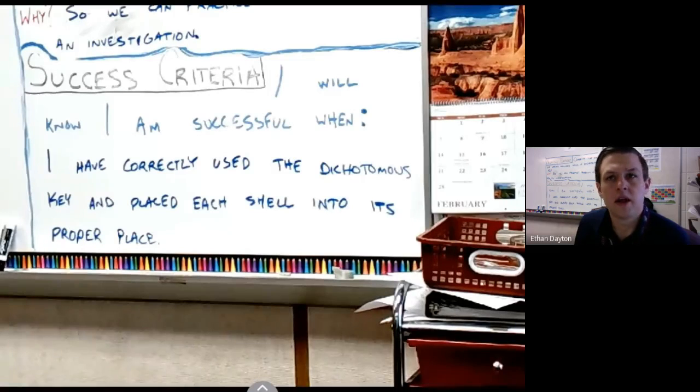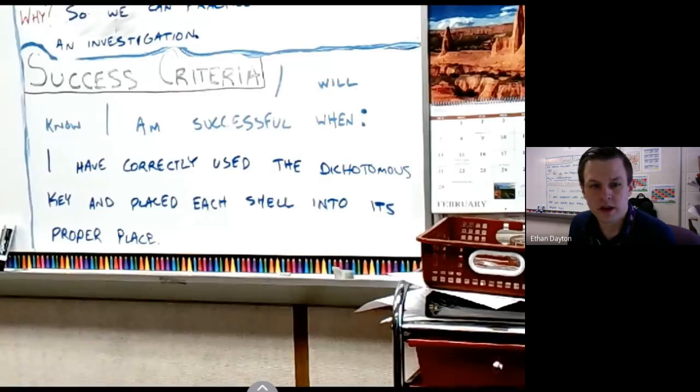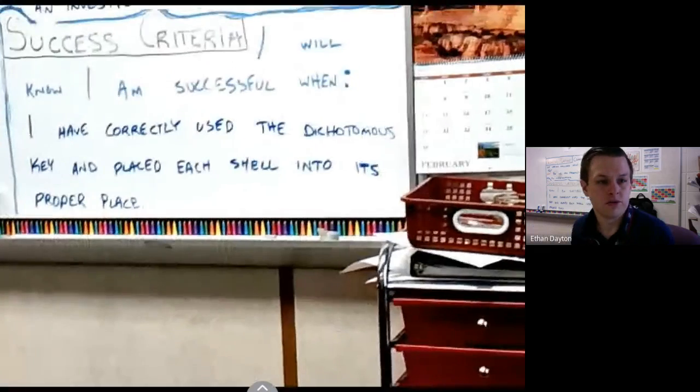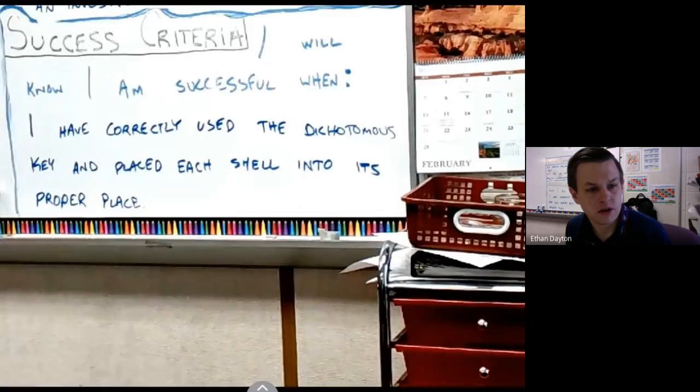And I will know I'm successful when I have correctly used the dichotomous key and placed each shell into its proper place. So we will correctly use a dichotomous key.